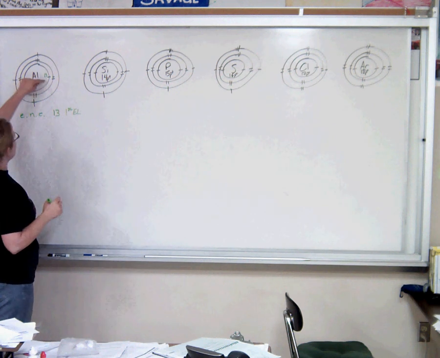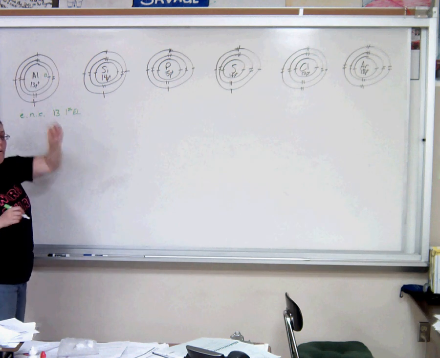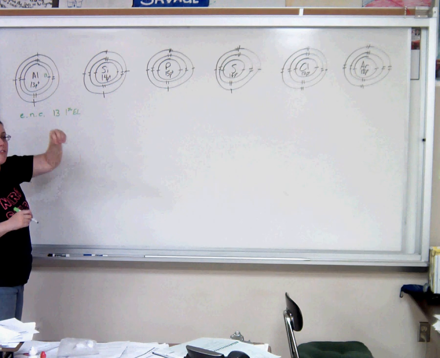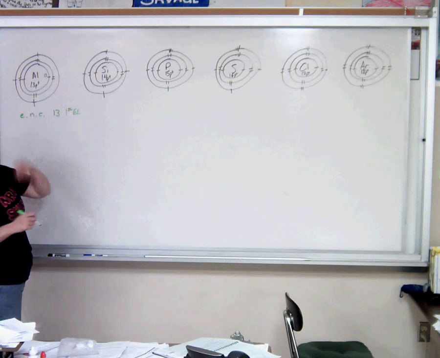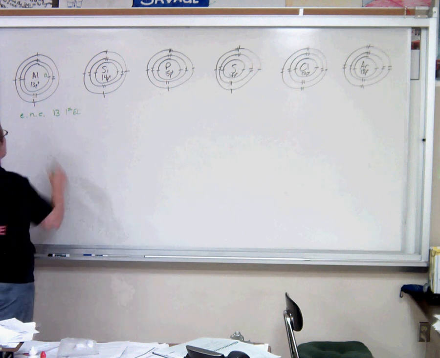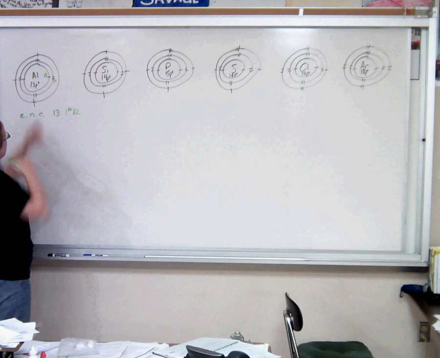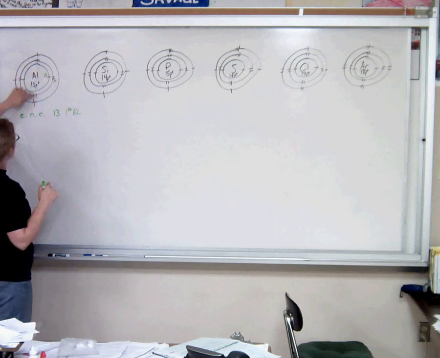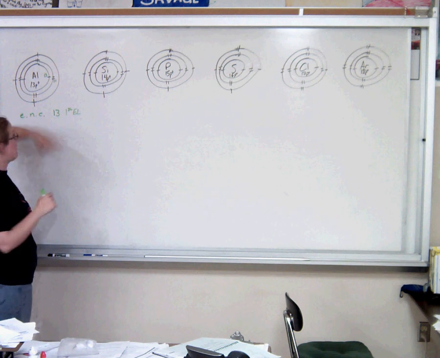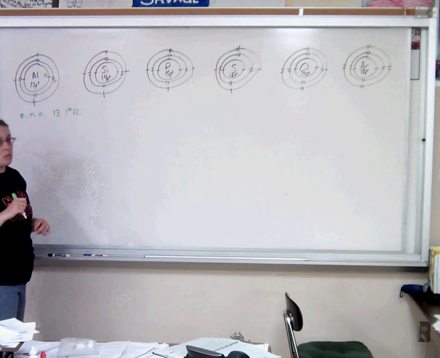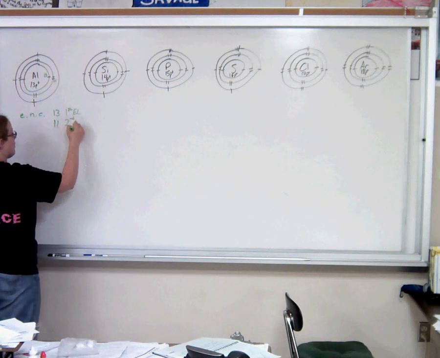For the second energy level, the first 2 electrons are shielding 1 proton's worth of force apiece. So since there are 2 electrons, they're shielding 2 protons' worth of force total. So these guys feel 11. And that's true for these guys, and these guys, and these guys, and these guys. All 8 electrons on aluminum's second energy level are feeling the force of 11 protons. So 11 for the second energy level.